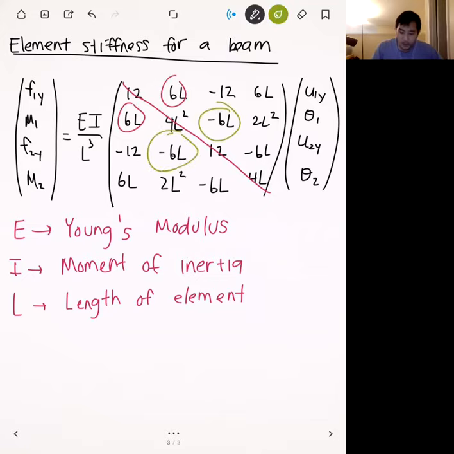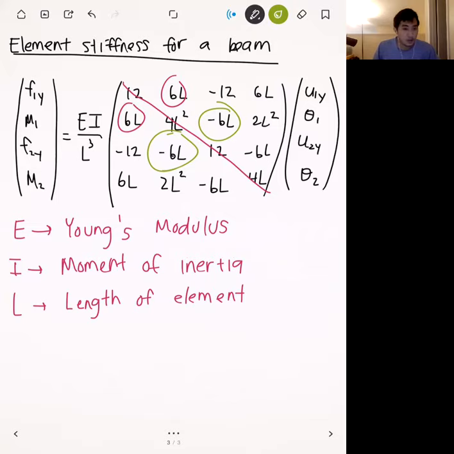I know it's obvious from this equation, but after you plug in your numbers, you should still see that those two values are equal. That's the main mistake I see a lot of people make, making mistakes with the symmetry. And the nice thing about the element stiffness matrix is that there's built-in redundancy, so you can use that to check your work.